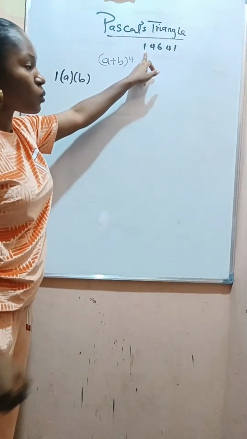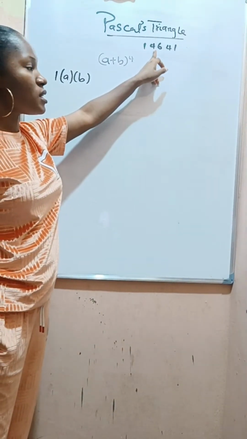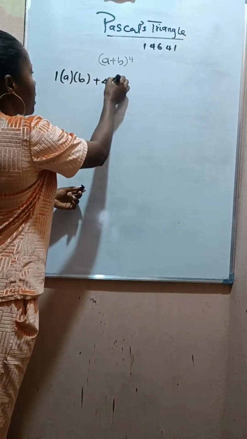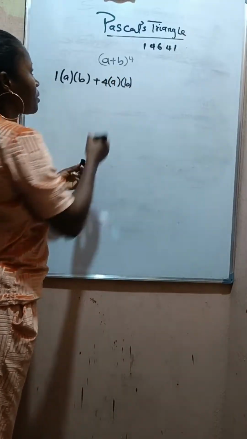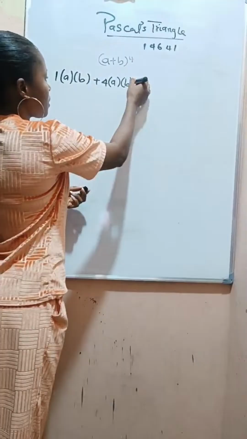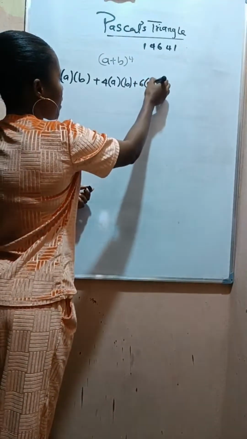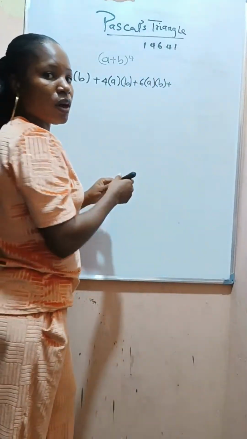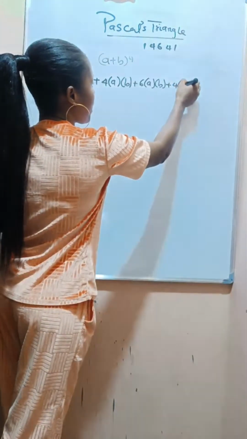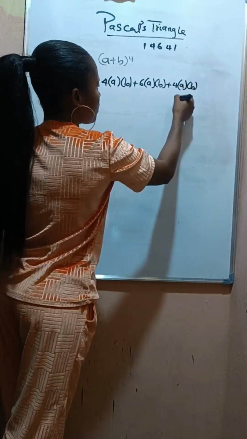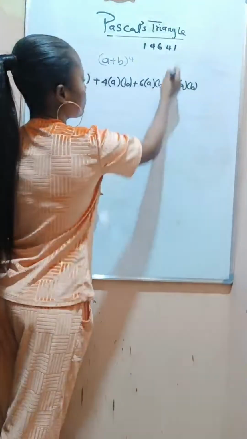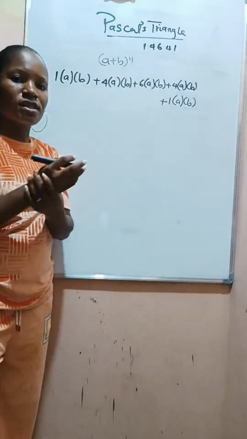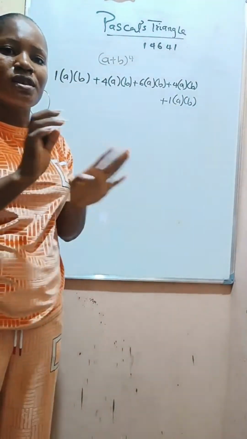Then the next one is 4, so we go to plus 4 multiplied by a multiplied by b. Then we have plus 6 multiplied by a multiplied by b, plus 4 multiplied by a multiplied by b, then 1 multiplied by a multiplied by b. What we just did is very simple.